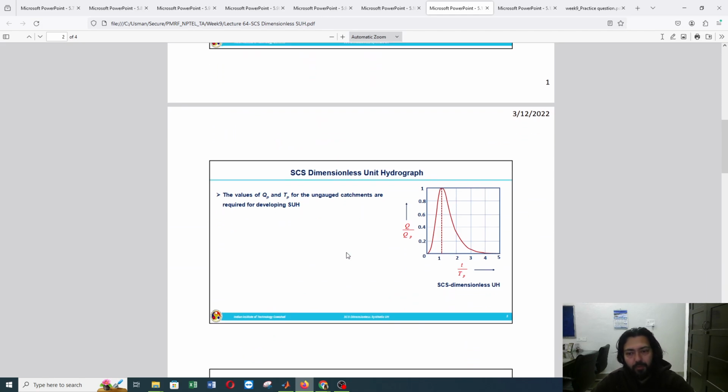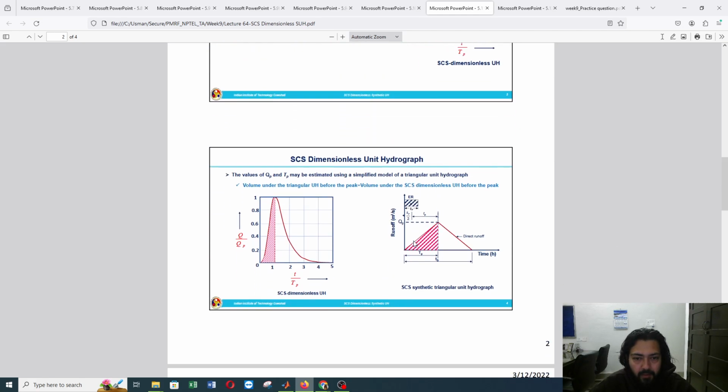So how are we going to do this? Let us say the values of QP and TP for an ungauged catchment are required for developing the synthetic unit hydrograph. So this here is nothing but the SCS dimensionless unit hydrograph. We have T by TP on the x-axis, and Q by QP on the y-axis, right?